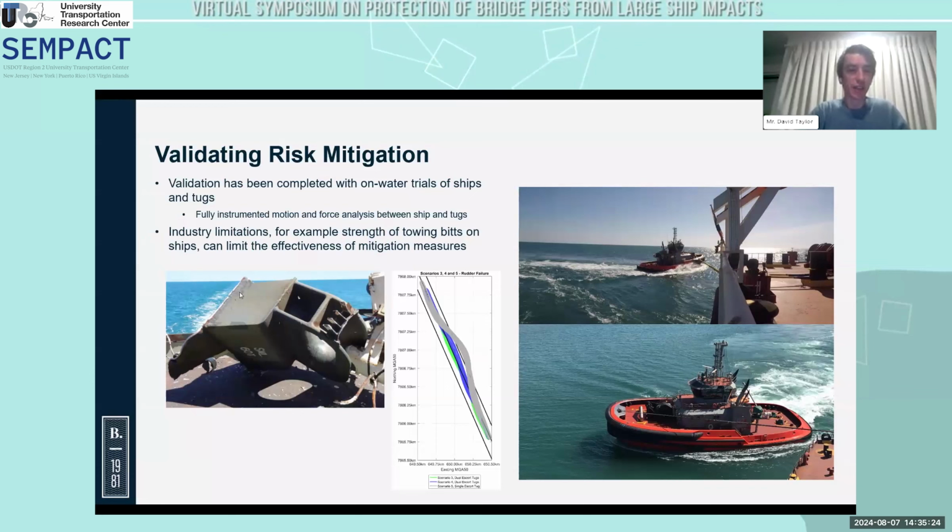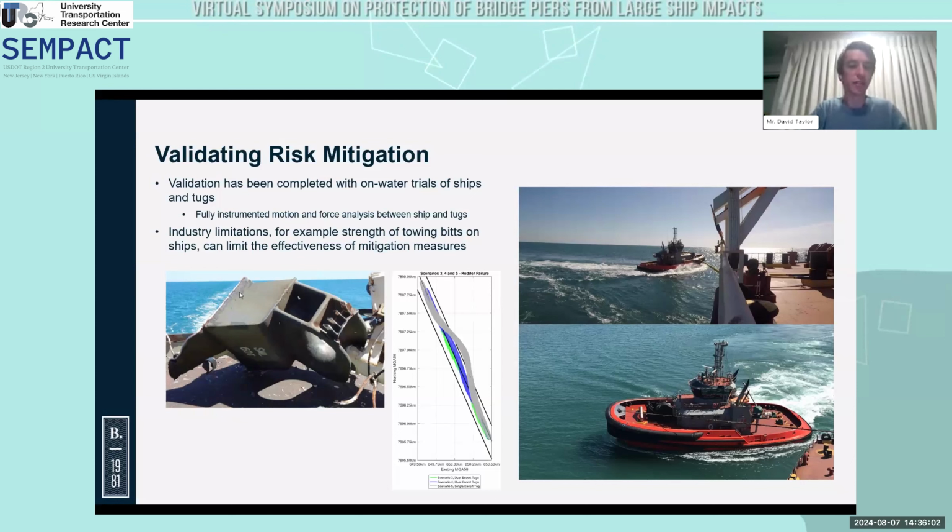We can't do that in the confined channel, but in as similar water depths as we can, in open and unrestricted water, we've completed fully instrumented analysis and measurement of ships and tugs in combination to work out, can we keep a ship within the channel if it experiences, for example, a severe rudder failure or a severe steering incident? Can we actually steer the ship effectively just using tugs, and then obviously steer the ship and slow it down?